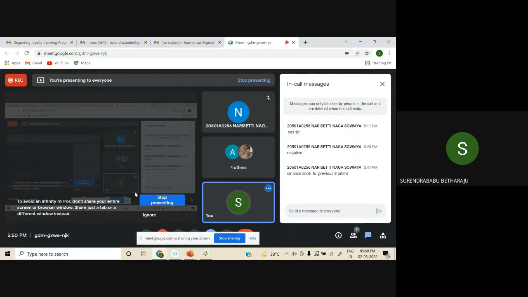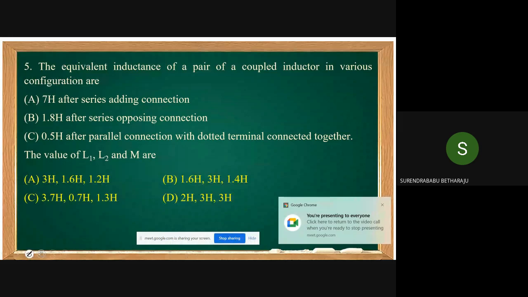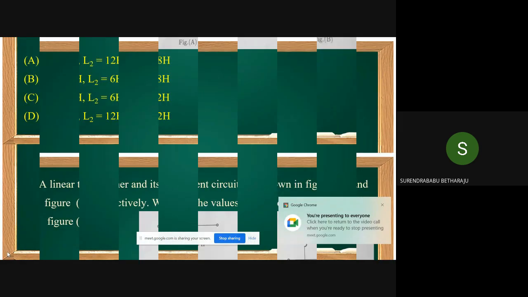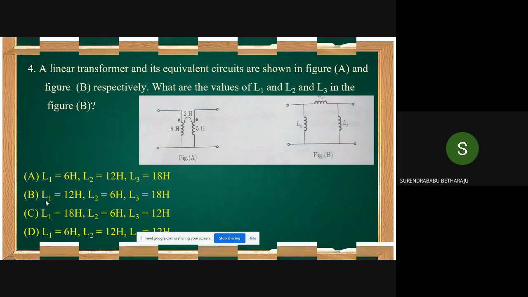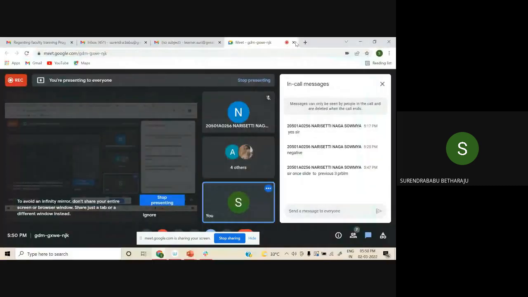Naga Soumya, sir, one slide to previous. Third problem. Sorry, I'm not seeing your comment. It's the third problem. Yes, check it.